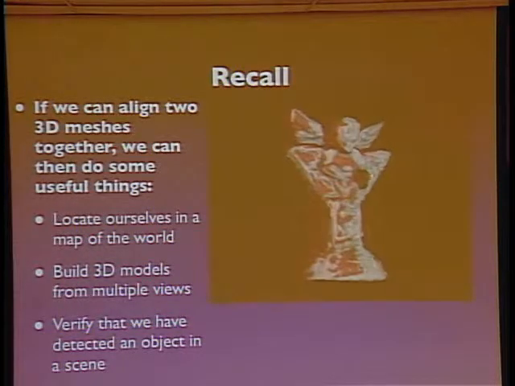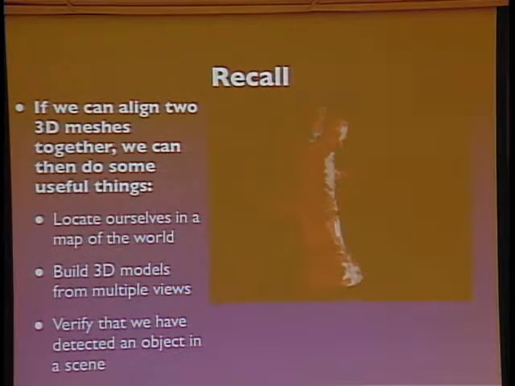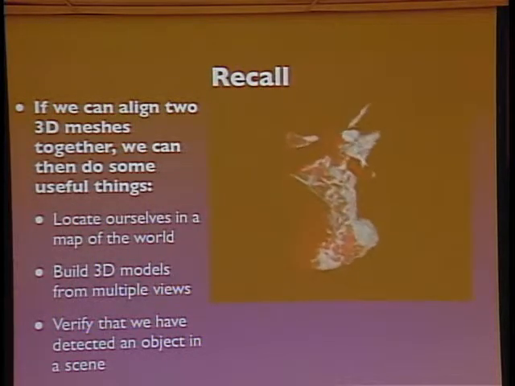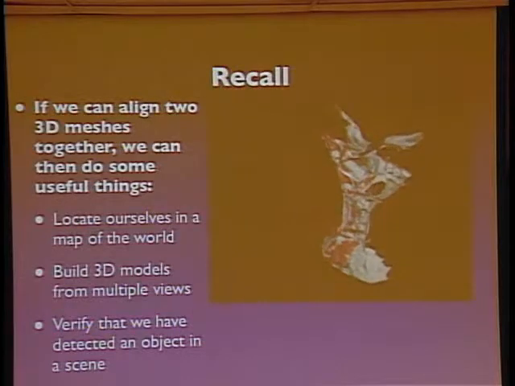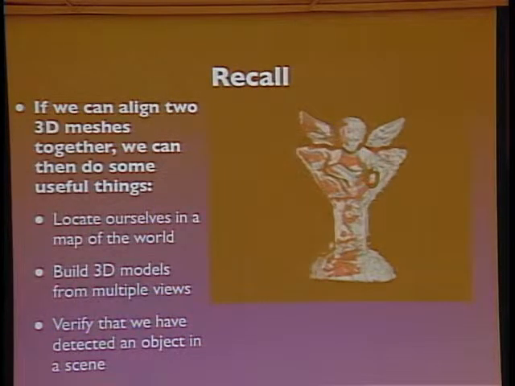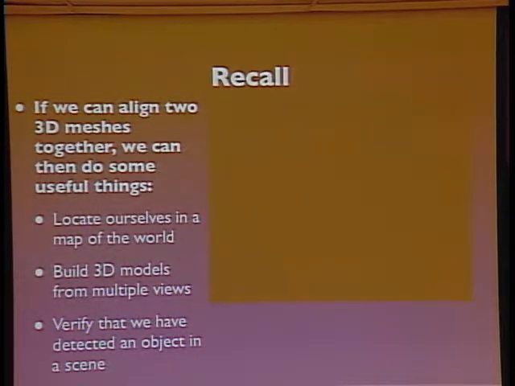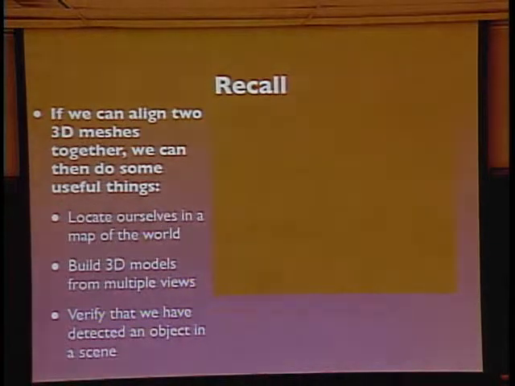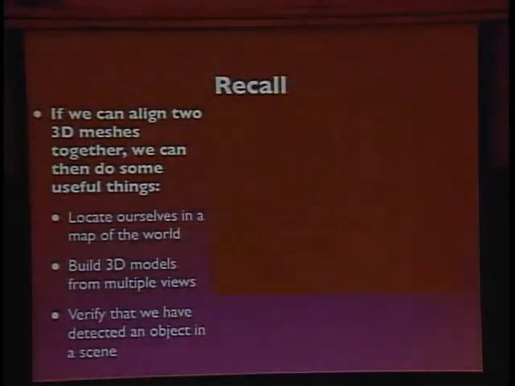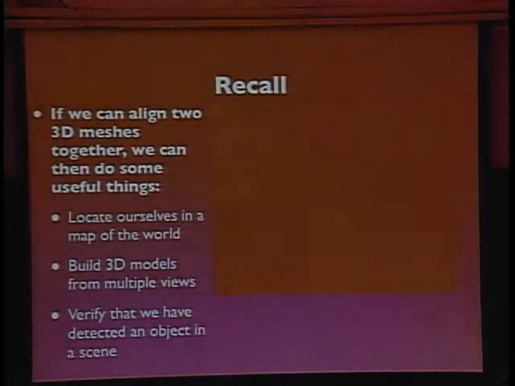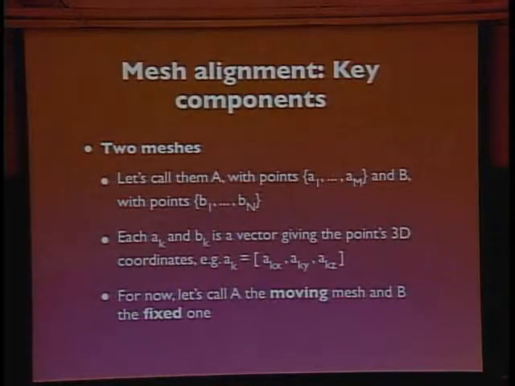And then we can verify that we have actually detected the correct object that we think we have detected in a scene by aligning a 3D model to a scan of a scene. All of these applications are driven by mesh-to-mesh alignment, surface-to-surface alignment.